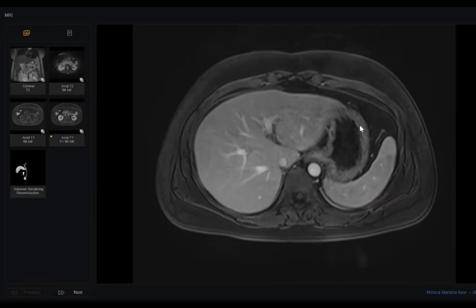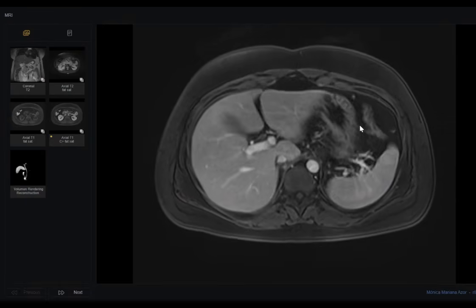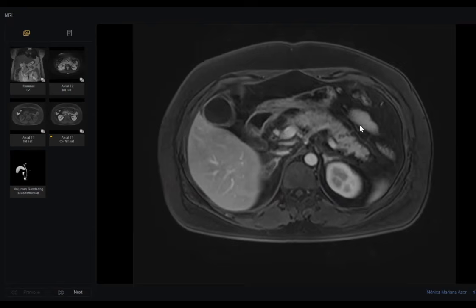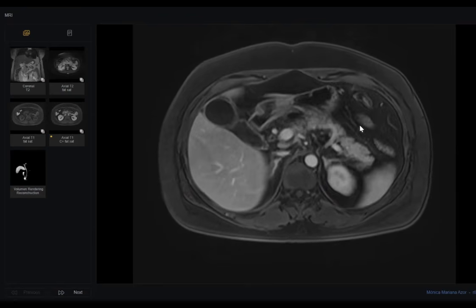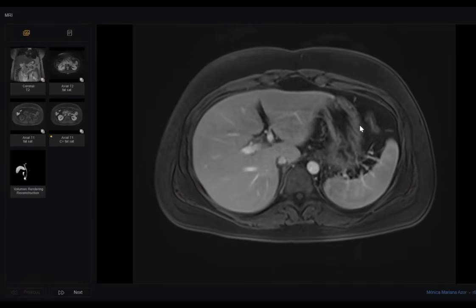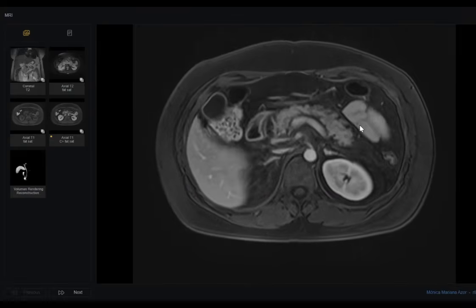I'm looking at the vessels, the portal vein. I'm scrolling, by the way. The portal vein is unremarkable. Looking at the splenic vein for any thrombus, which appears normal to me. No thrombus is noted so far in any arterial or venous vessel.